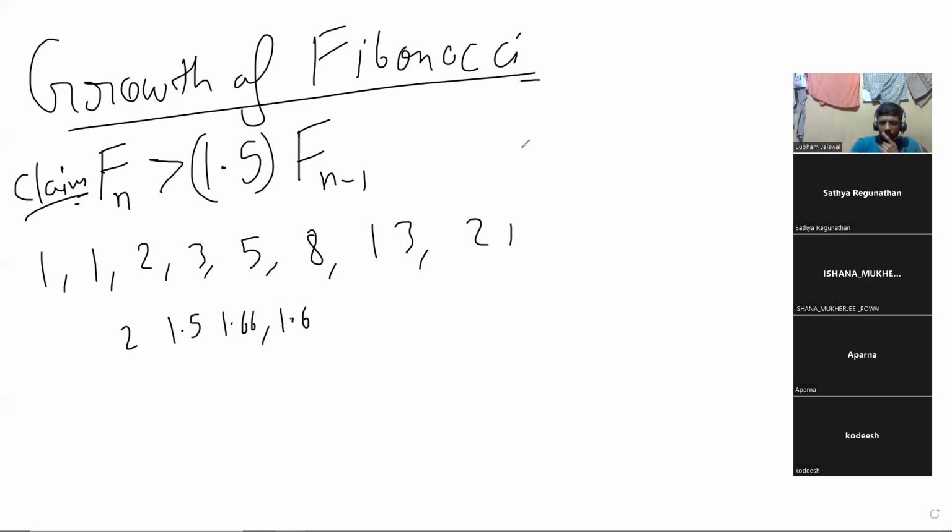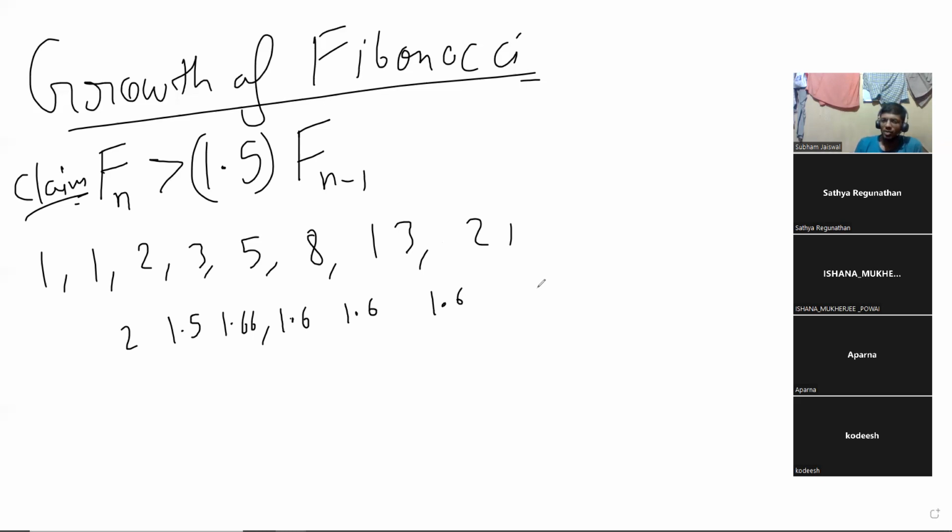Yeah, that's also 1.6, more than 1.6 at least. And this also, I believe, is more than 1.6 and so on. So it seems to be true. But how do you prove it? That is an interesting thing.